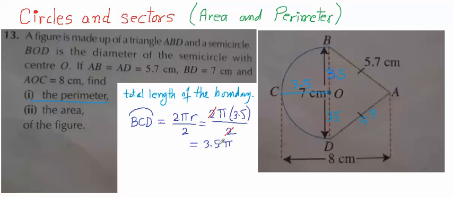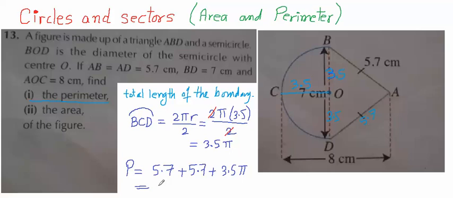We keep the value in terms of pi, and at the end we'll use the calculator to find the final answer in decimal. Therefore the perimeter will be equal to 5.7, the length of AB, plus the length of AD, the other boundary, which is also 5.7, plus the semicircle length, which is 3.5 pi. Now we can use the calculator to find this length.